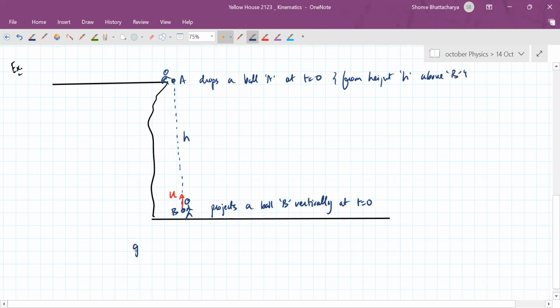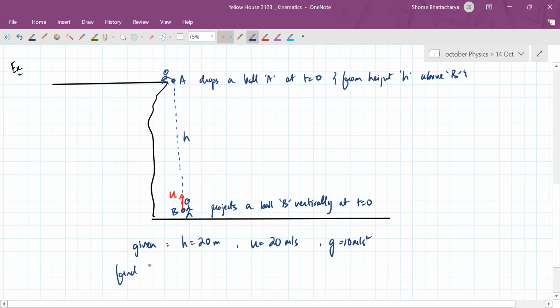So given that this height difference is 20 meters, and the projection speed is also 20 meters per second, and acceleration due to gravity is 10 meters per second square. So actually this will not really be required.